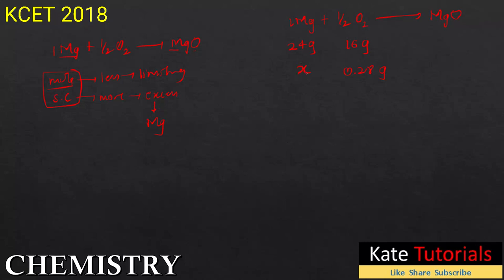I have taken it as X. So X is equal to, by cross multiplication, 24 into 0.28, whole divided by 16. Calculating that, we get 0.14, and 3 into 0.14 is almost 0.42 gram, right? So this much has been consumed.